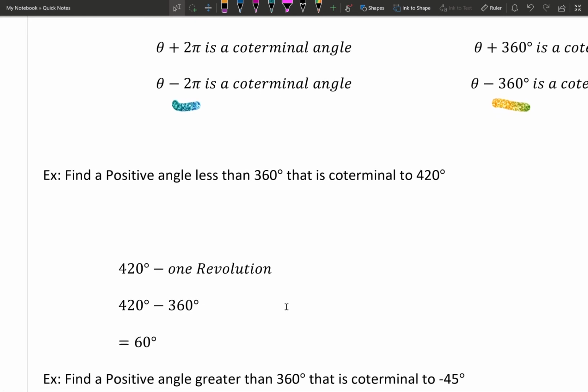Here's the next one. Find a positive angle greater than 360 degrees that is coterminal to negative 45 degrees. So I start at minus 45 degrees. Maybe I'll draw you a little picture.